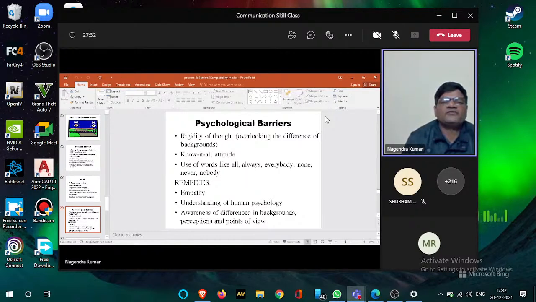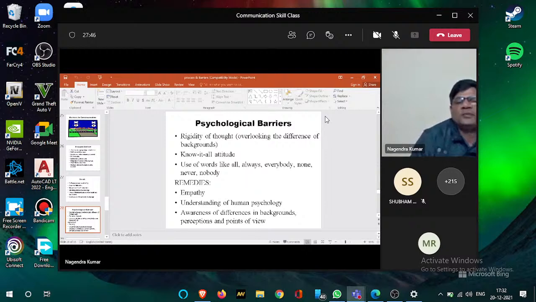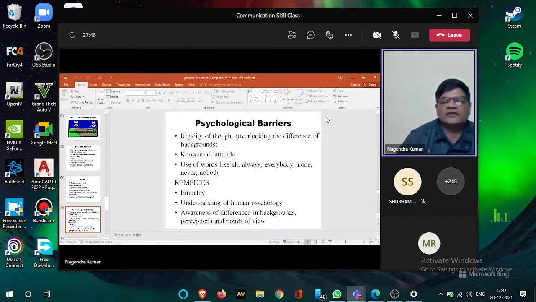So we must acknowledge this difference in background and perceptions while talking to other people. If we start appreciating others' point of view, we'll be able to gain their trust. And once we build trust, it's not a hard nut to crack.